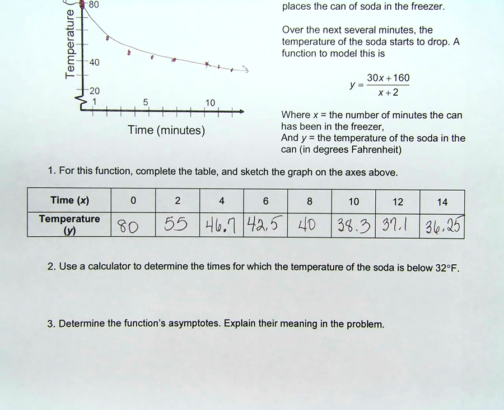I hear a lot of clicking. Okay, so you put it into your graph, and you're looking at the table? Good. Why do you think it's 49? So below 32 would be 49?